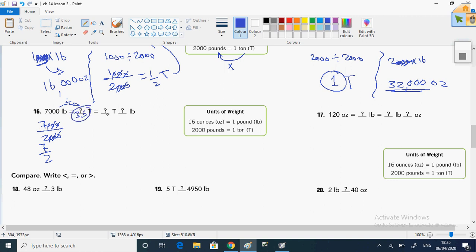Or I can say 7 over 2, 3, 6, when I multiply here, 3 by 2, 6, remainder 1. I can say 3 tons and 1 lb left over. Okay?